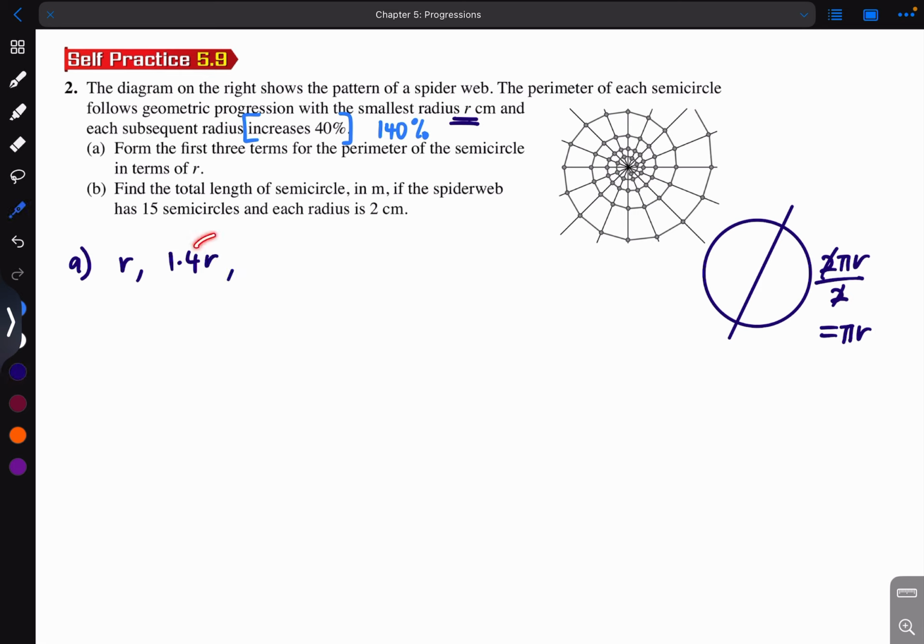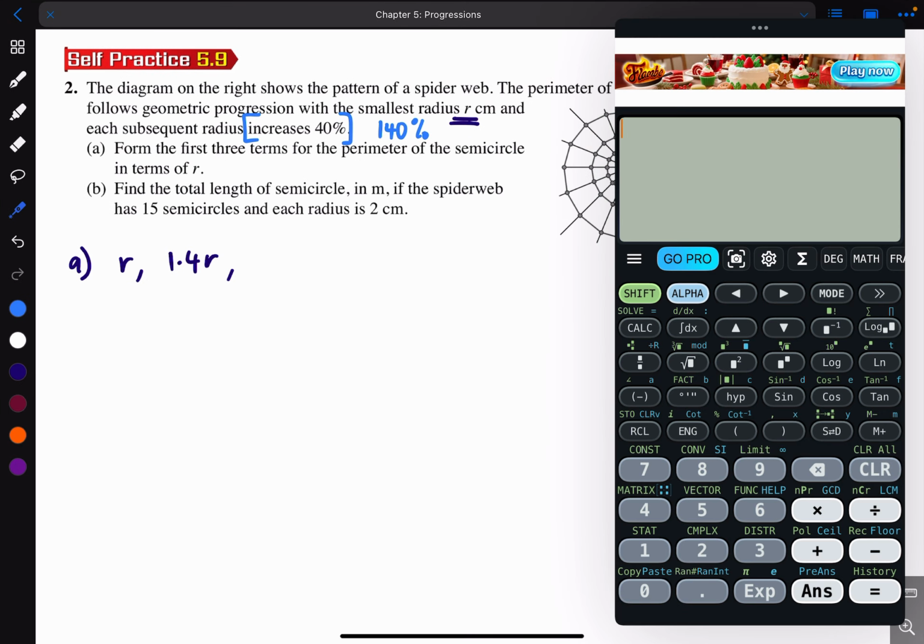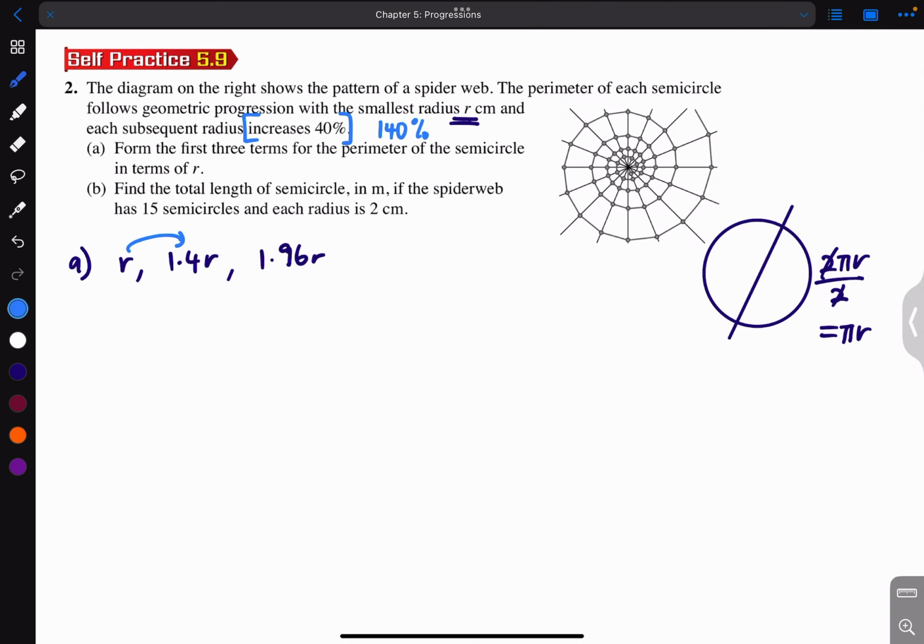And then the next radius will be 140% or 1.4 of this 1.4. So 1.4 times 1.4 is 1.96 r, because 140% and so on. So every radius will increase by 40%.